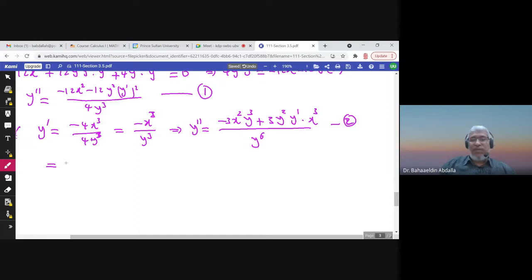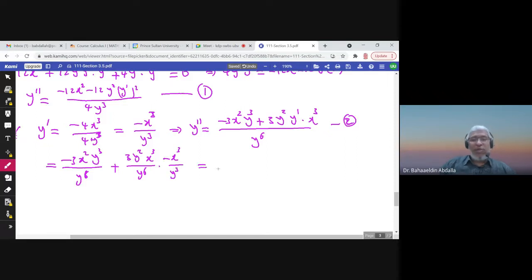It is negative 3x squared y cube over y to the power 6, distributing the numerator over the denominator, and I have 3y squared x cube over y to the power 6 times y prime, and y prime is negative x cube over y to the power 3.